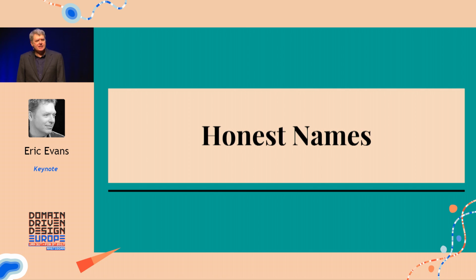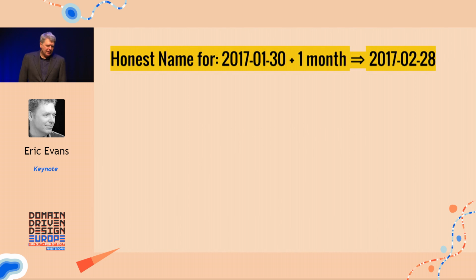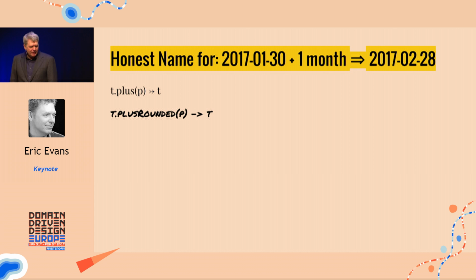So I'll talk about honest names. If you look at this, that doesn't sound like plus. Plus is the wrong word for that. And if I start thinking about what the name could have been, I'll just have my notebook.